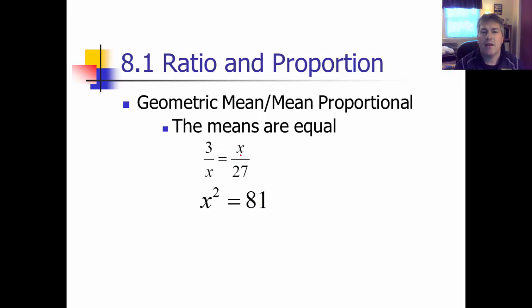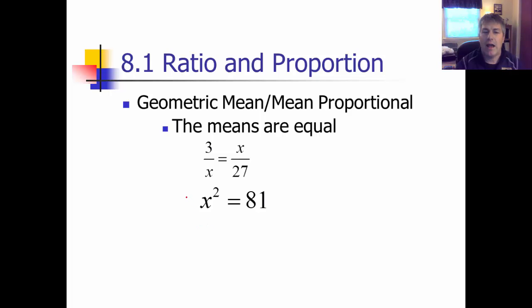If we wanted to find the mean proportional between 3 and 27, 3 and 27 would be the extremes, and our x, or our unknown, would be the means. That's what we're looking for. So we can cross multiply or multiply the means and extremes. So 3 times 27 equals x times x, or x squared. So x squared equals 81.